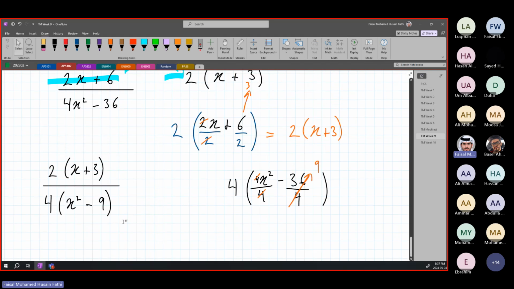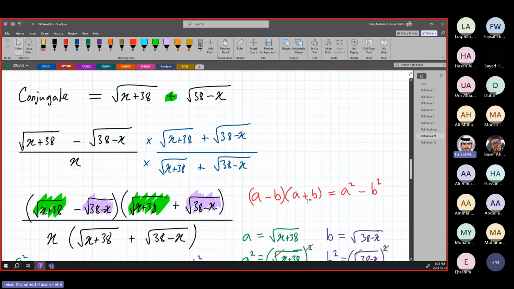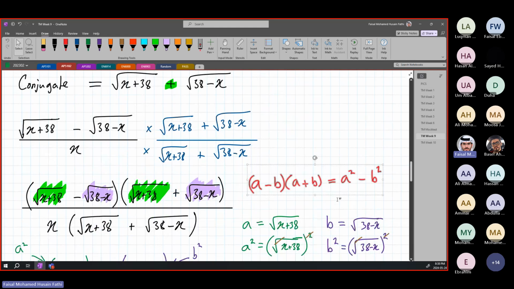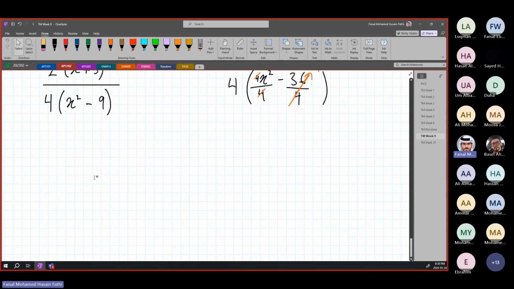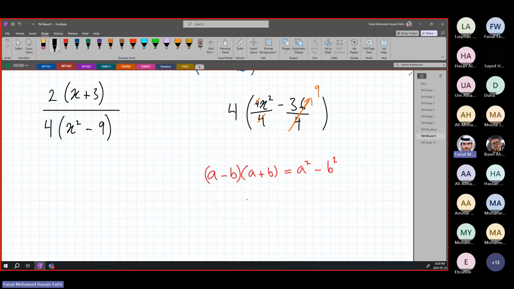The second step: now we have x squared minus 9 at the bottom. If you remember, early on I was showing you this formula, a minus b into a plus b equals a squared minus b squared. The reverse is also true: a squared minus b squared is equal to a minus b times a plus b.